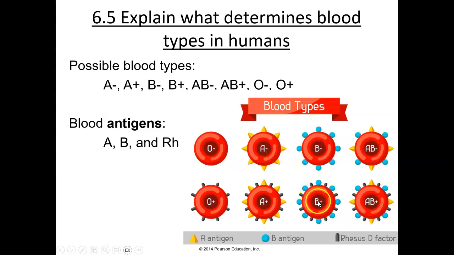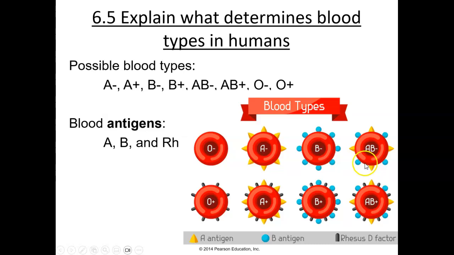Type B positive means you have B proteins and you have Rh proteins, because it's positive. B negative blood means you just have B proteins. It's negative because there's no Rhs. AB positive, you have A proteins, you have B proteins, and the Rh proteins make it positive.